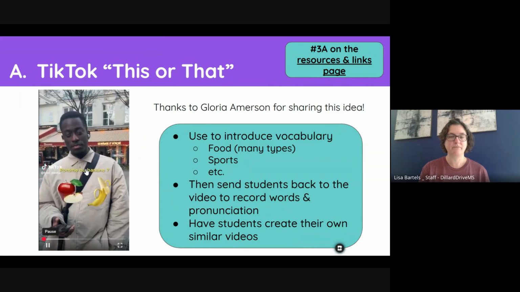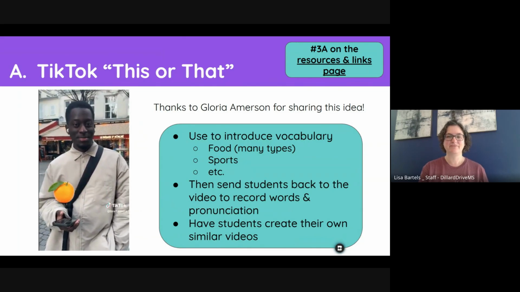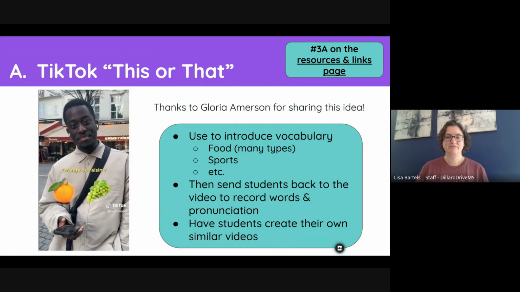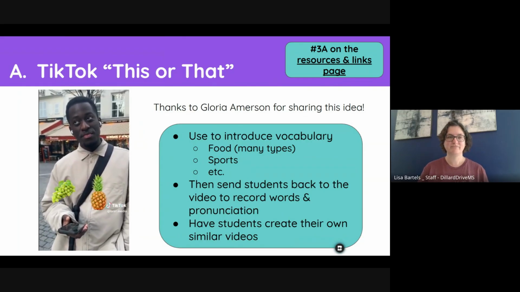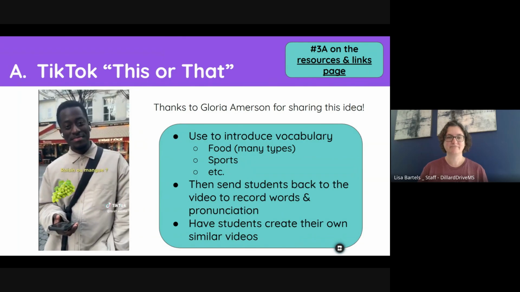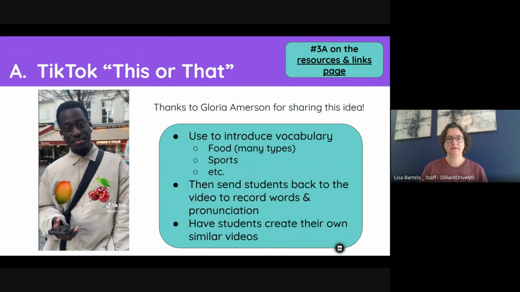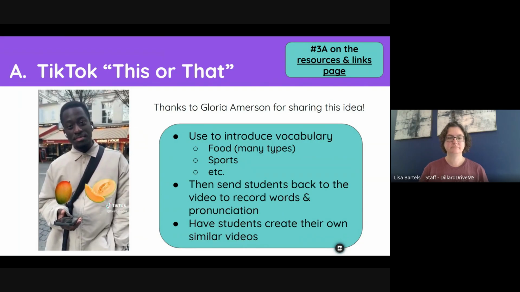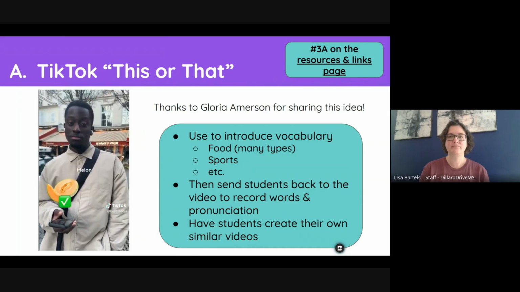Pomme ou banane? Banane. Banane ou orange? Orange. Orange ou fraise? Orange. Orange ou raisin? Raisin. Raisin ou ananas? Raisin. Raisin ou mangue? La mangue. Mangue ou cerise? Mangue. Mangue ou melon? Melon. Melon ou citron? Melon.